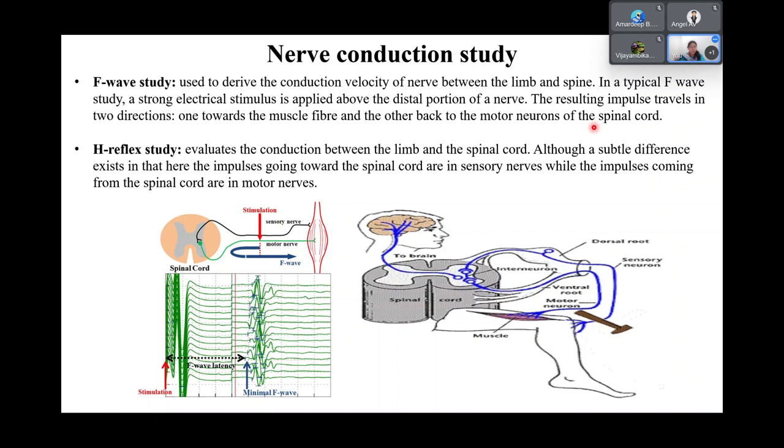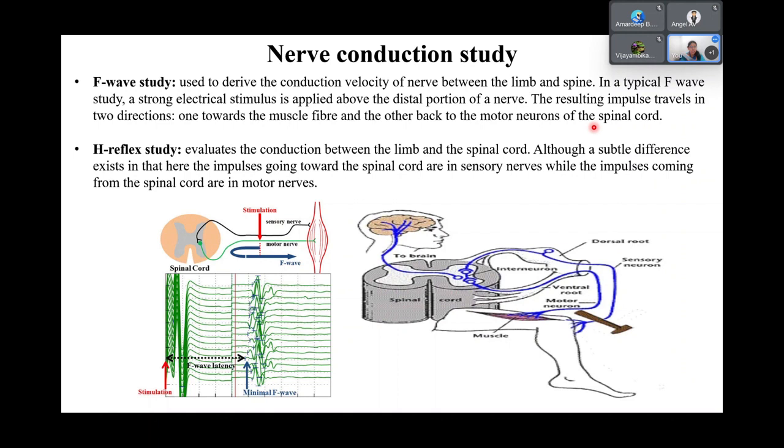Here, the impulses are going towards the spinal cord and they are sensory nerves, while the impulse is coming from the spinal nerve. So the nerves which are involved towards the spinal cord are different. In the F study, you are mainly choosing to look at the motor nerves, but in the H reflex, you are looking at the sensory nerves and the motor nerves both.